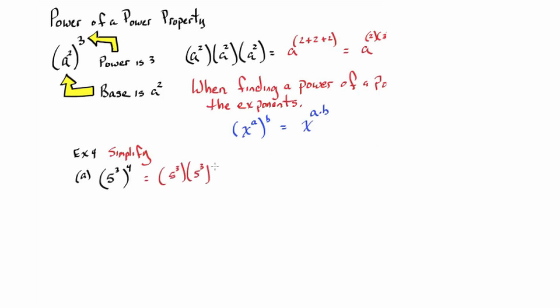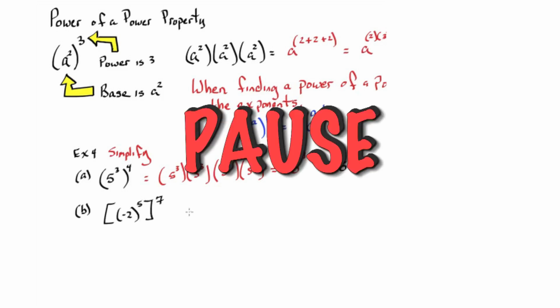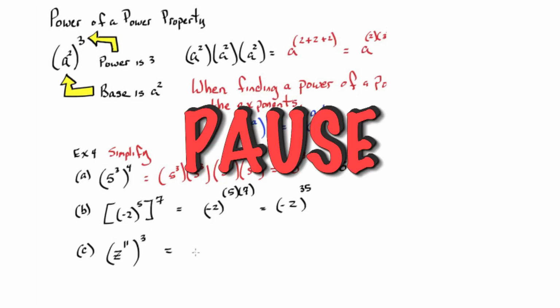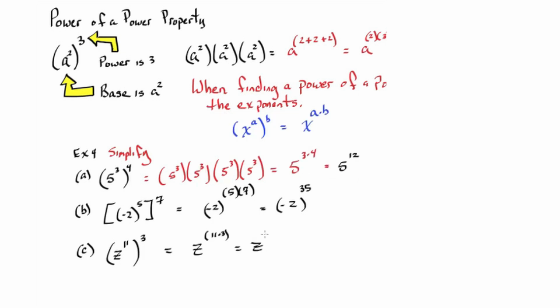So 5 to the 3rd to the 4th is the same as 5 to the 12th. Try this one. So here we're going to multiply 5 times 7, and our base is negative 2. Negative 2 to the 35th. Try this one. Z to the 33, easy.